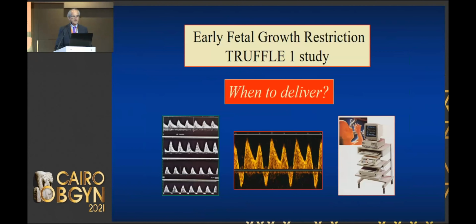So then we performed the Truffle-1 study that concentrated on early fetal growth restriction, and we wanted to find out what is the optimal time of delivering those fetuses with early fetal growth restriction. And the second question was, or the main question, does the ductus venosus help us in estimating the optimal time for delivery?